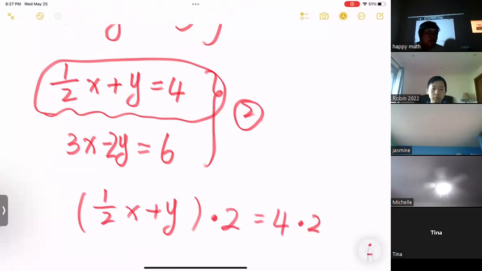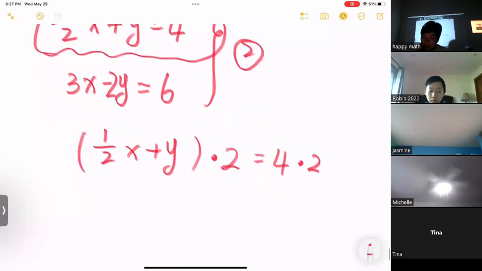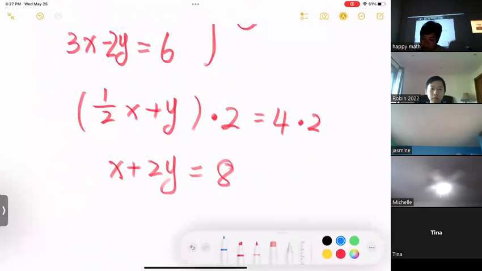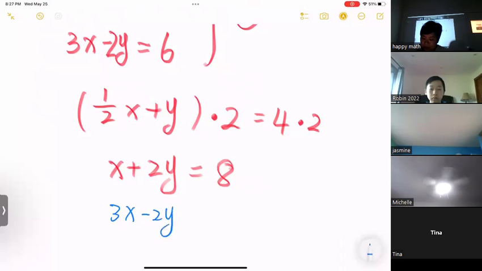This is an equation, so you can do addition, subtraction, division, or multiplication by the same number on both sides. That changes it to x plus 2y is 8, and the second equation is 3x minus 2y is 6. Can you solve it? Yes, we can.